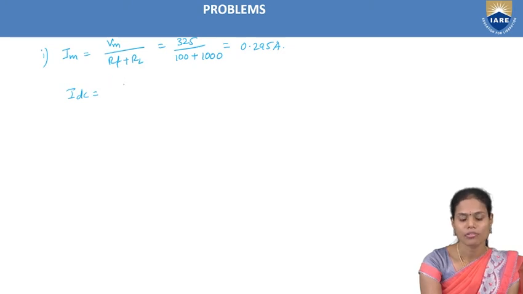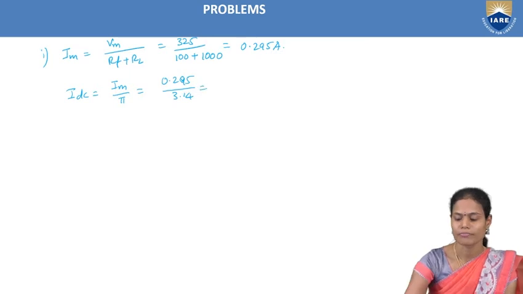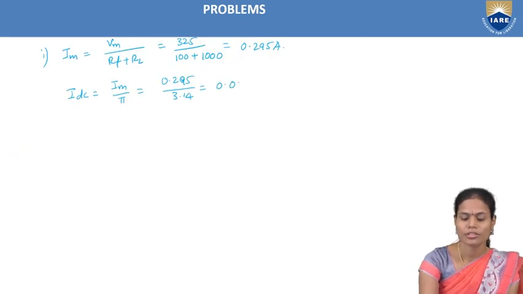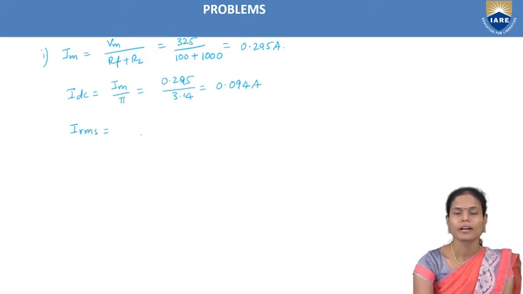Similarly, we need to find the IDC value. IDC in the case of half-wave rectifier is Im by pi. Im value is 0.295 divided by pi value 3.14. If we simplify this, we will get it as 0.094 amperes. And the next parameter we need to calculate is IRMS.